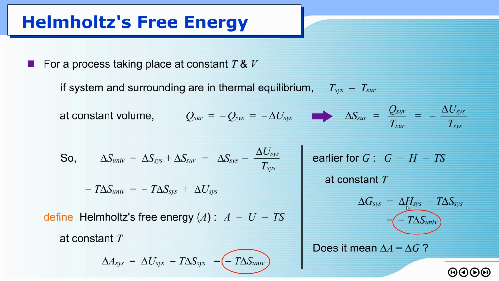So just to be a little bit clearer, for the system with constant volume, you can get delta A and you can get delta G of the system itself. Delta A of the system for this particular system of constant volume would equal minus T delta S of the universe. But for delta G of the system of constant volume, you get a number, yes, but it has no meaning. Okay?